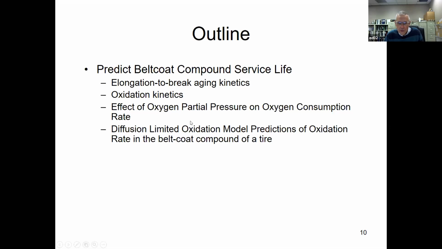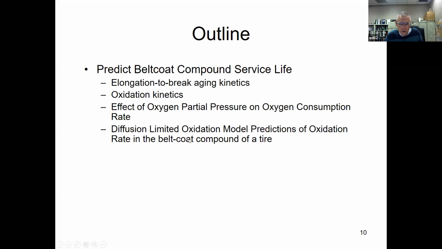So we took into account the duty cycle, and the way we incorporate the duty cycle is using the diffusion limited oxidation model. Okay, so that is the outline of how we obtain our service life prediction model.